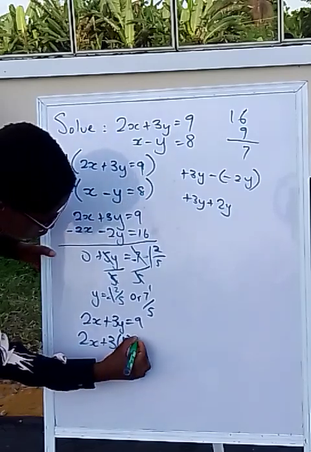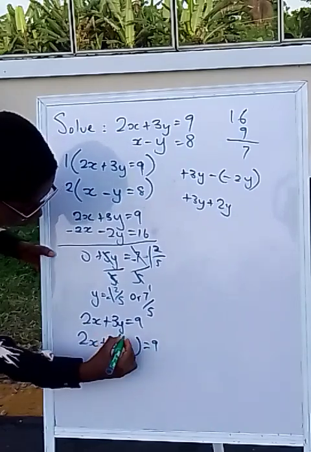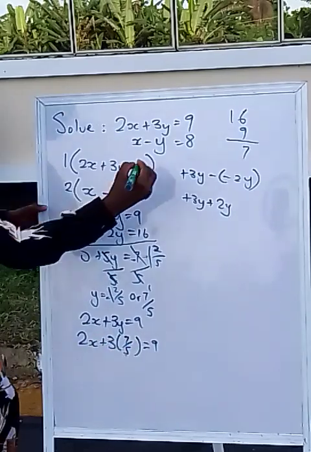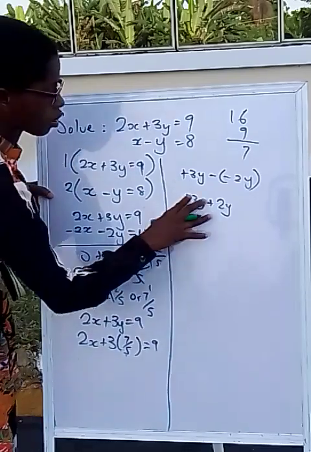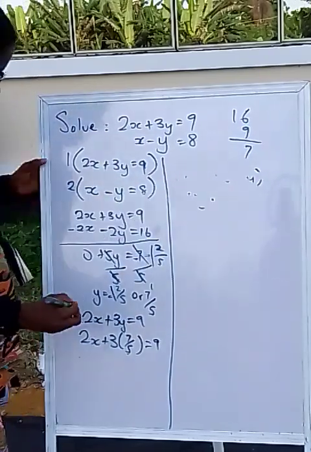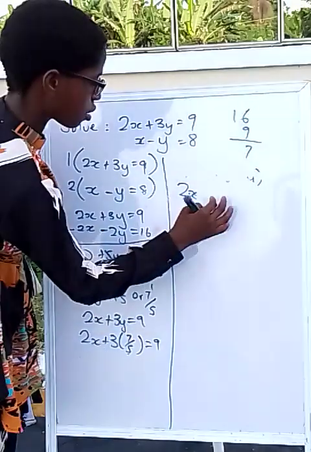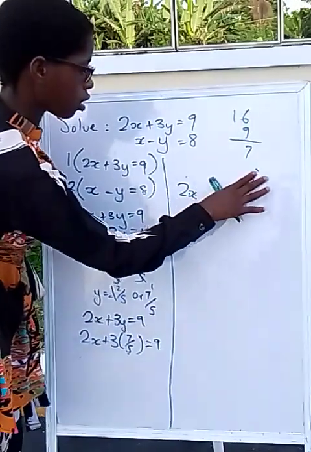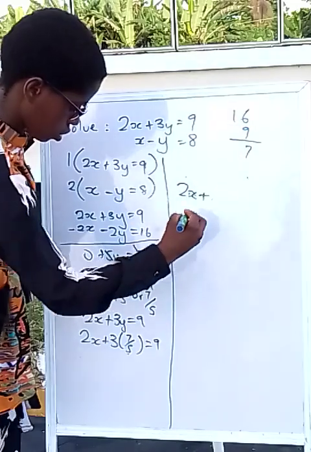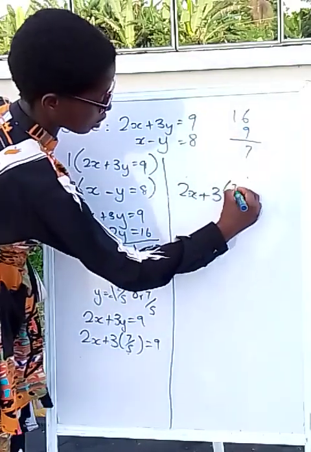Or let's just write 7 over 5 here. So 2x plus 3 open bracket 7 over 5 equals 9.